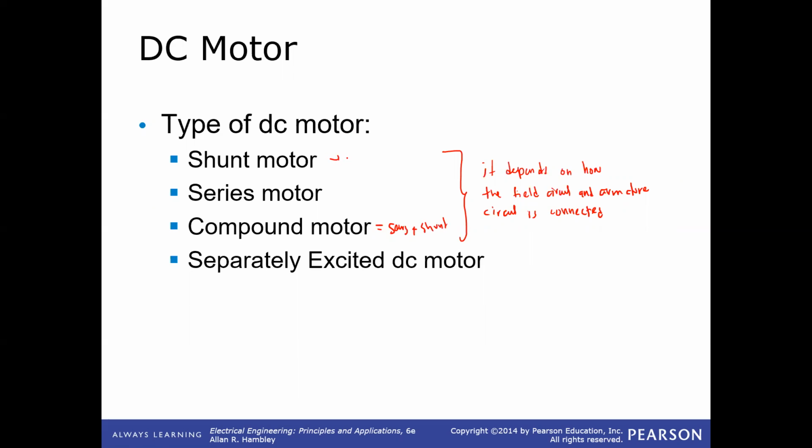Shunt is actually parallel, meaning that the field circuit and armature circuit are connected in parallel, while series motor means that the field circuit and armature circuit are connected in series, while compound motor is the combination of series and shunt, while for separately excited DC motor, your field circuit and armature circuit are connected separately. But for this syllabus, we only concentrate on shunt, series, and also separately excited DC motor.